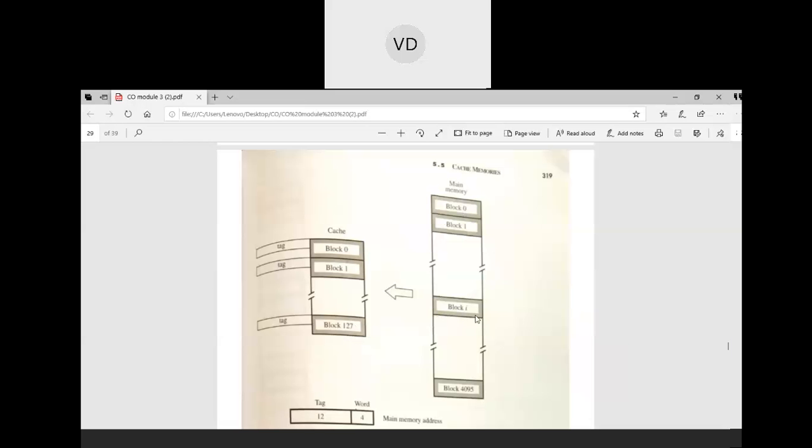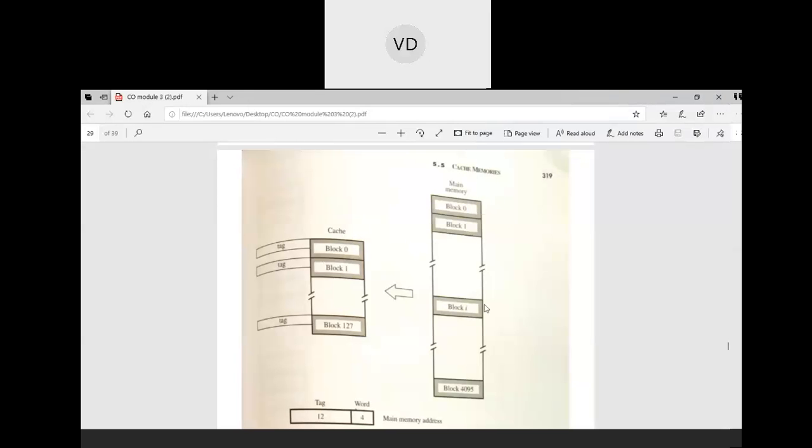Block number 1 can be mapped in block number 1 of the cache memory. Block number 4095 can be mapped in some block number 38. So like this you can map anywhere, depending upon how the space is available, the blocks of the main memory into the cache memory.